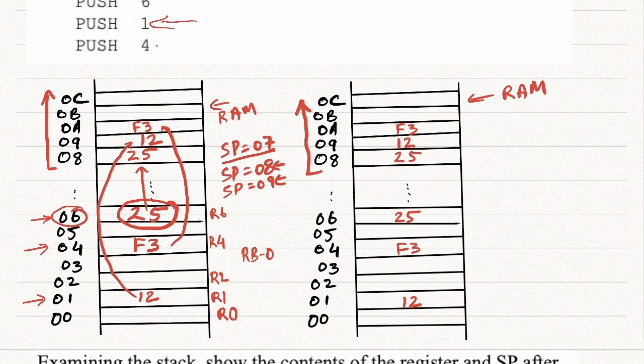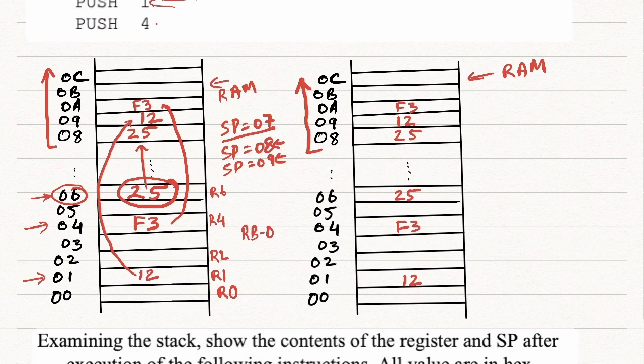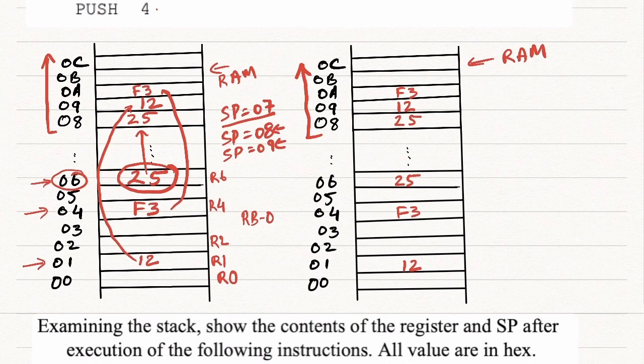So like that, it keeps on pushing. Finally, at the end, the content of the stack and the stack pointer will be in such a way that we have done 3 pushes. The stack pointer now contains 0A.